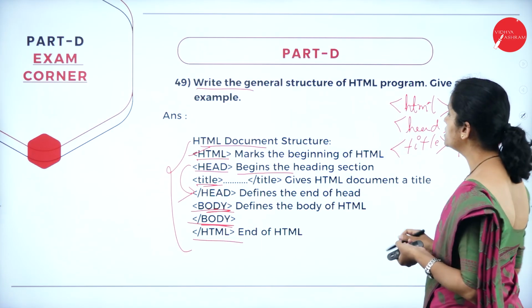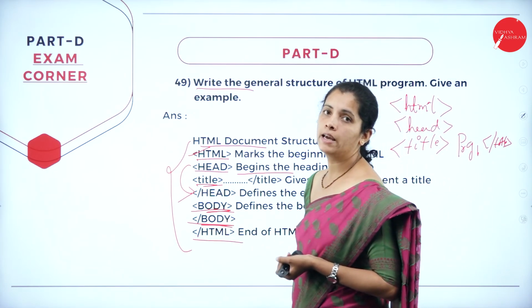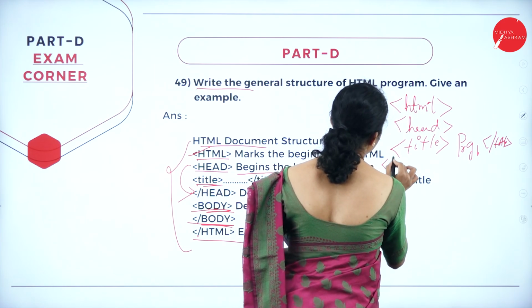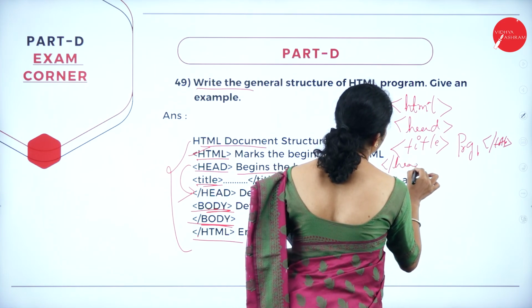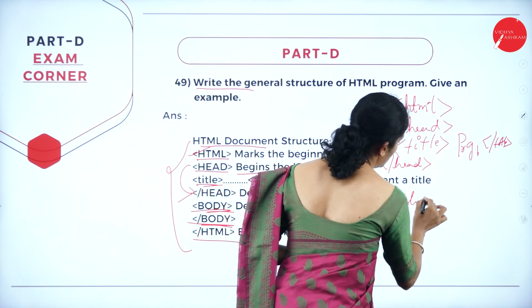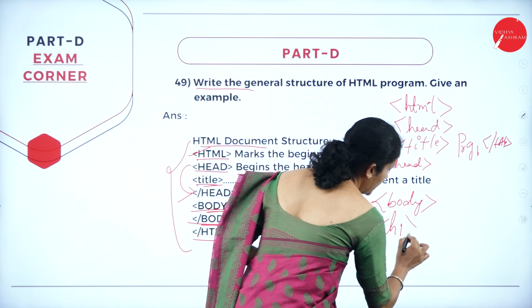Closing means what? Forward slash, then write the tag. Now I'll close the head tag. Then I'll start with the body. Now I'll use heading 1.